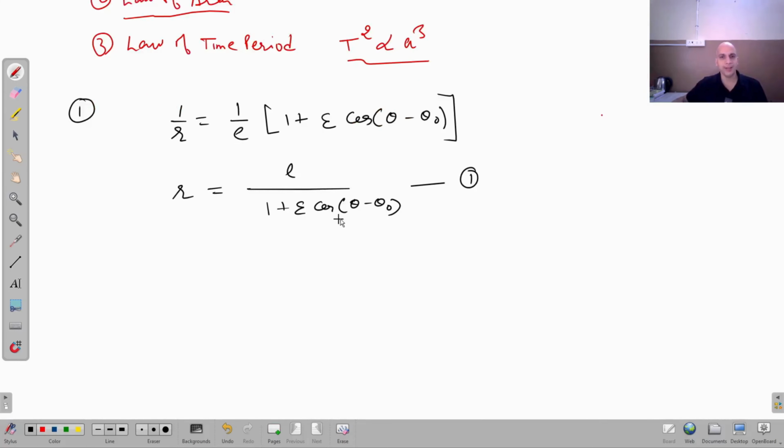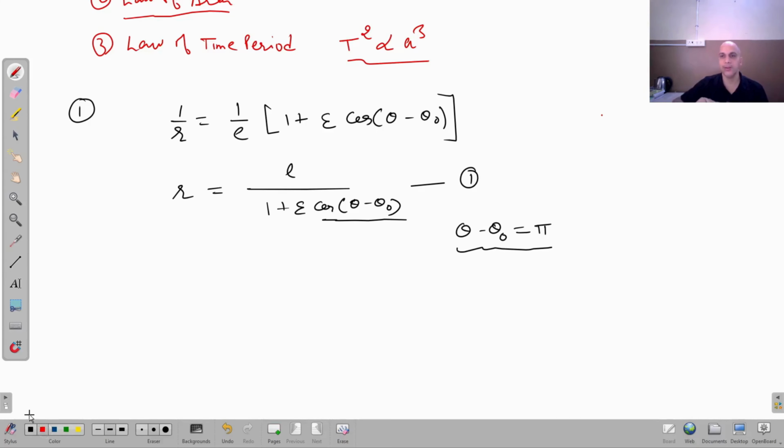Now I am applying different conditions on this equation. We know very well that the factor cos of theta minus theta naught will be a minimum when theta minus theta naught is equal to pi, because cos pi is minus 1. And when it is minimum, at 180 degrees, r will be maximum, when the planet is at the farthest point.